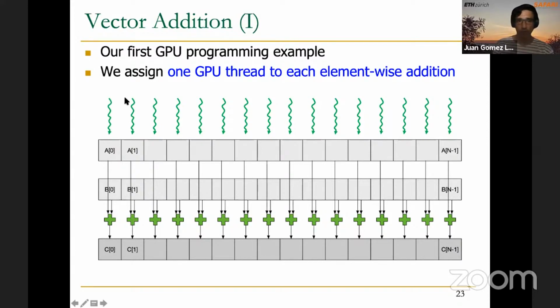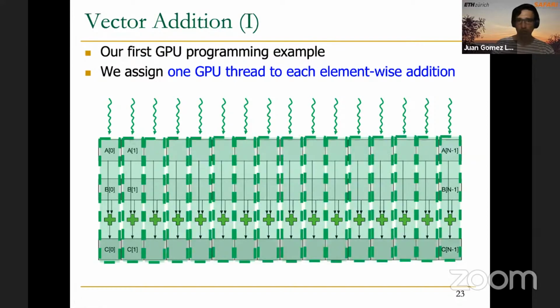So each of these green lines that I draw here represents a GPU thread. The first GPU thread, thread 0, is going to execute this addition here, A0 plus B0. And this is the computation assigned to the next thread, which is thread 1, and this is the computation assigned to the rest of the threads.